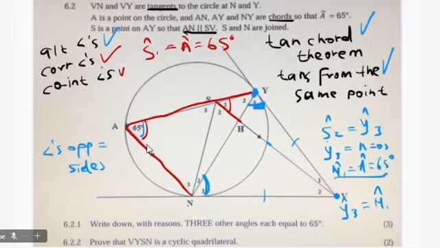Then the cointerior, obviously you can say this angle and 65 give you 180. I don't know if you need that right now, but you can say S3 plus S2 are actually going to be 180 minus 65. Just keep it in your mind, it might work.